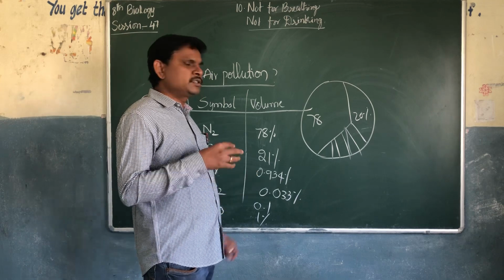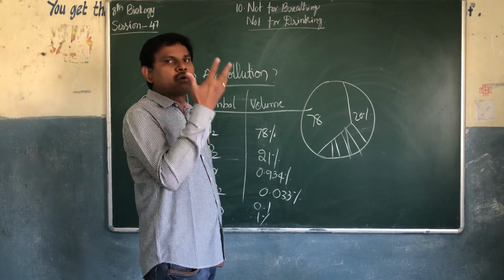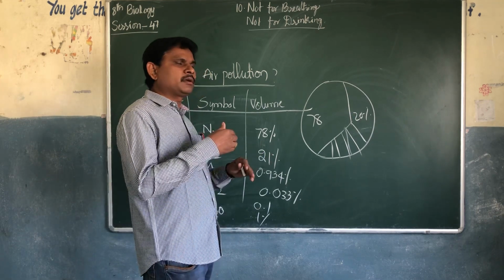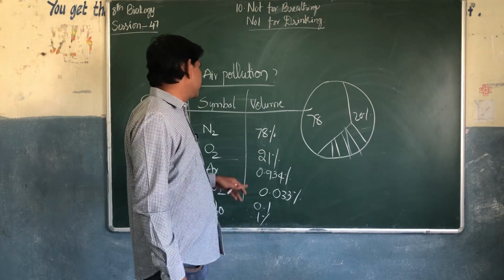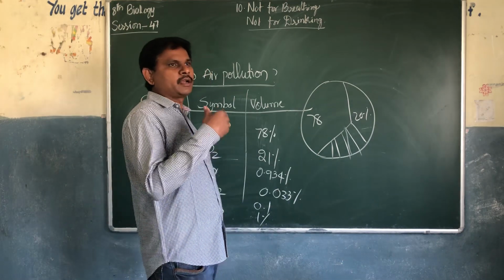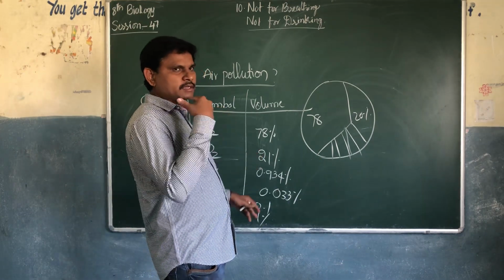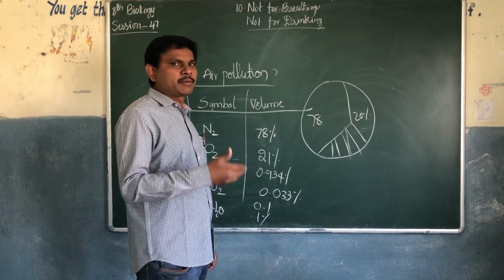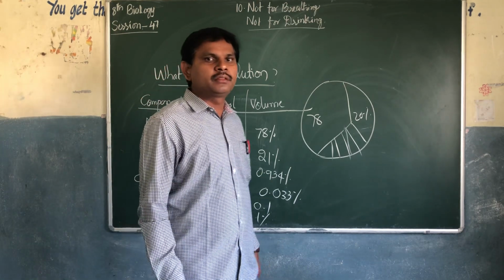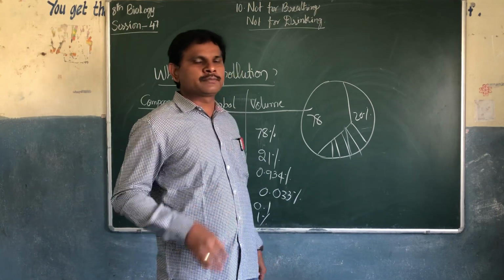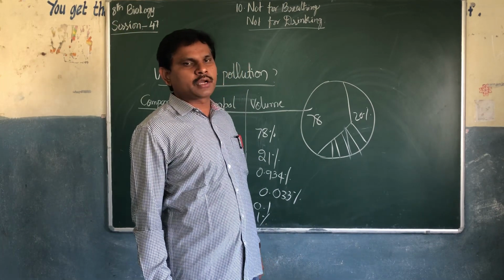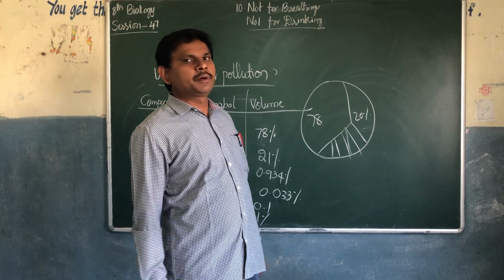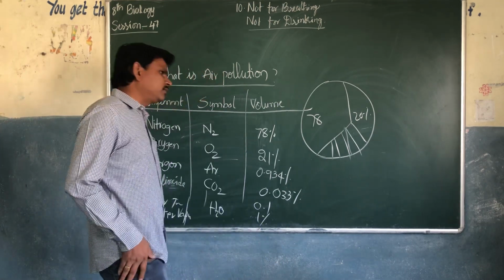But this oxygen is utilized, and when we breathe out in the exhalation process, 78% of nitrogen goes out of the body, 16% of oxygen goes out of the body, and 0.4% of carbon dioxide goes out when we breathe out. In inhalation, the component percentage is different; in exhalation, the component percentage is different.